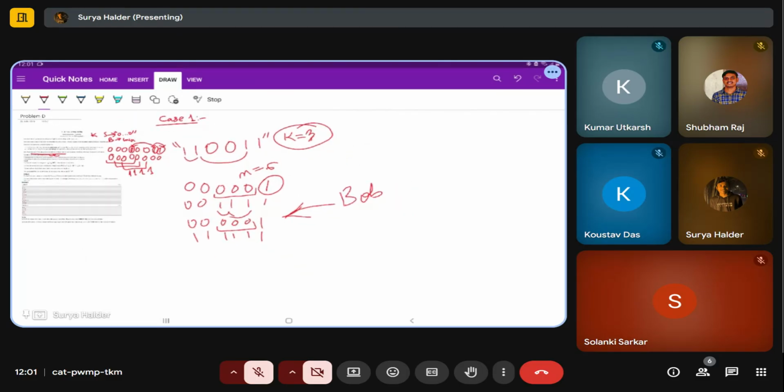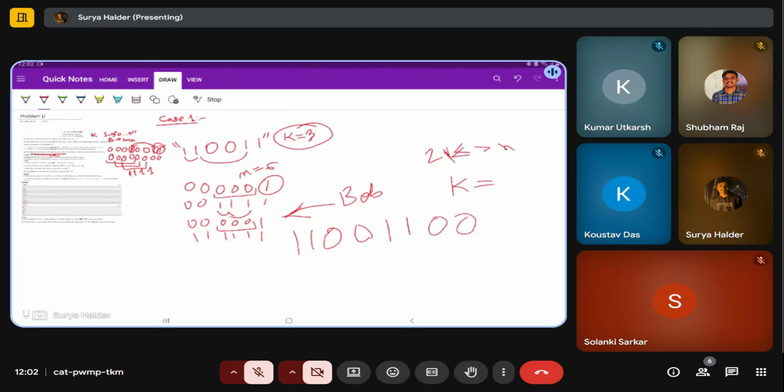Now if 2 into k is greater than n, so for example, if k is equal to 4, but over here we cannot take 4 because at that time Alice can instantly choose the elements. Suppose I do 1 1 0 1 1 and now 0 0.